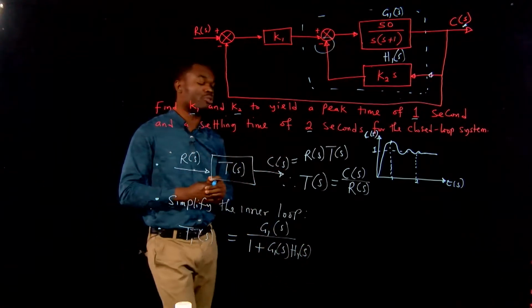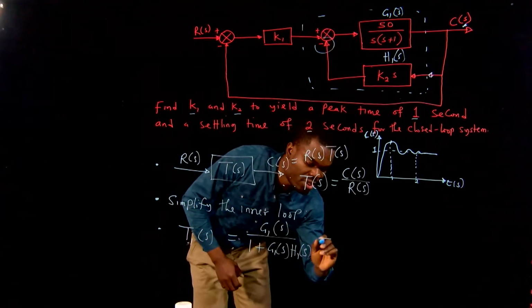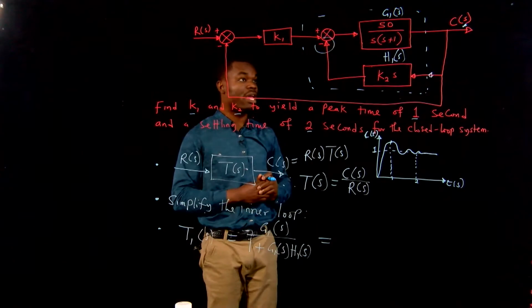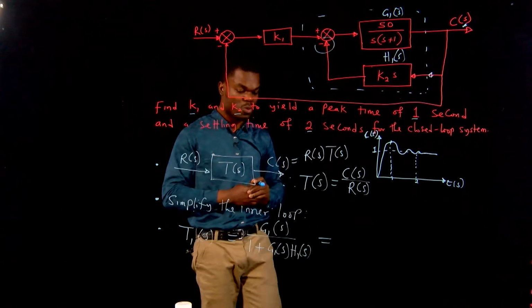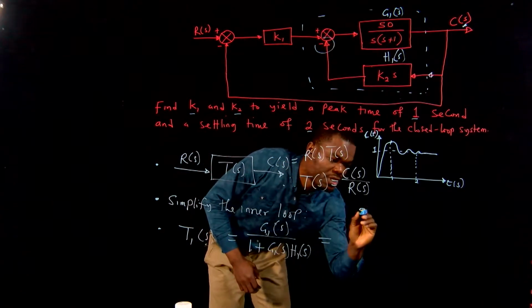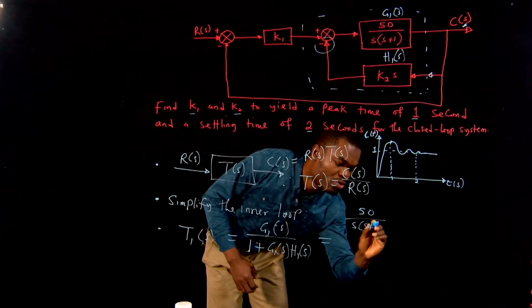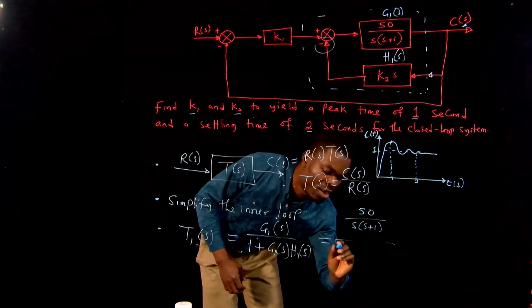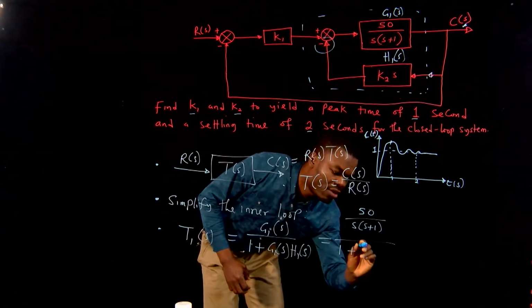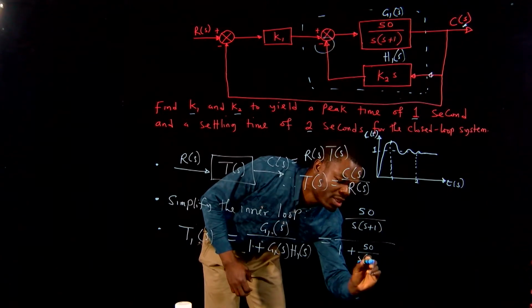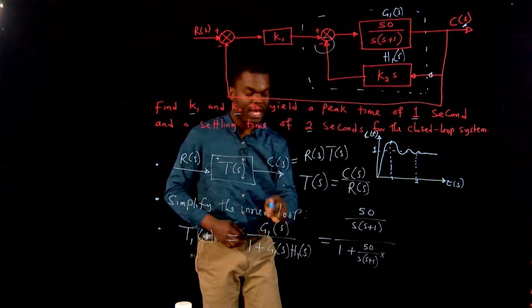And all we need to do is to substitute in the transfer function for G1. We can see in this case it is 50 over s into s plus 1. So this is going to be 50 over s into s plus 1, all divided by 1 plus 50 over s into s plus 1, all multiplied by H1 of s.